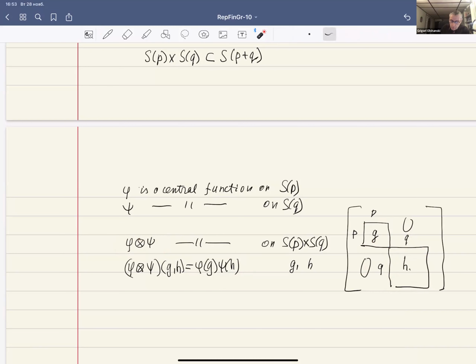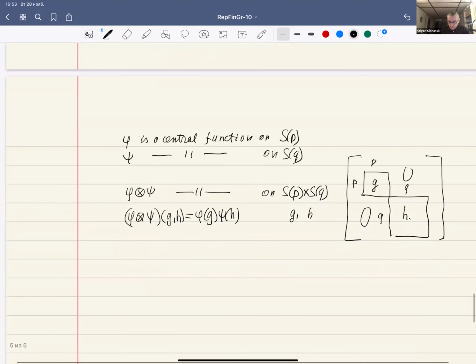And then the product, I recall the formula, the value of this function on some element g, I'm sorry, g is a permutation from this group, is given by this formula.